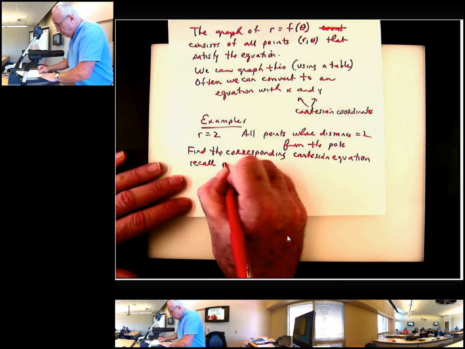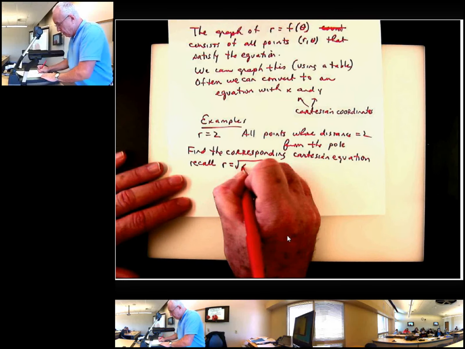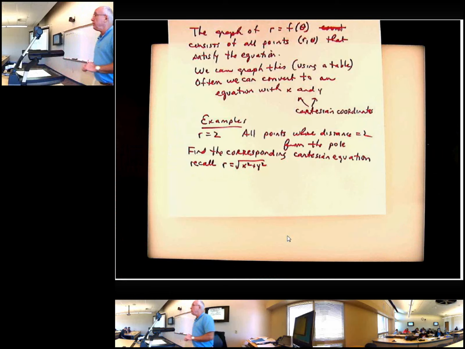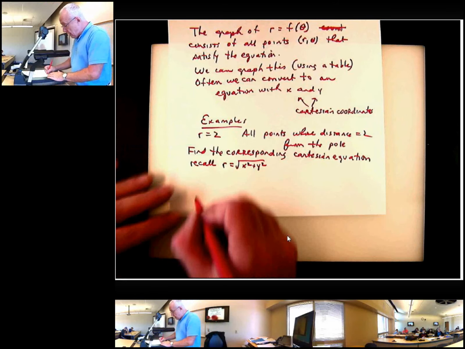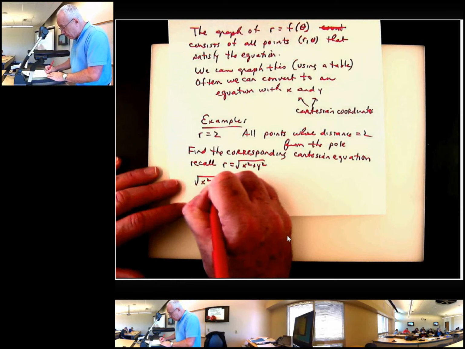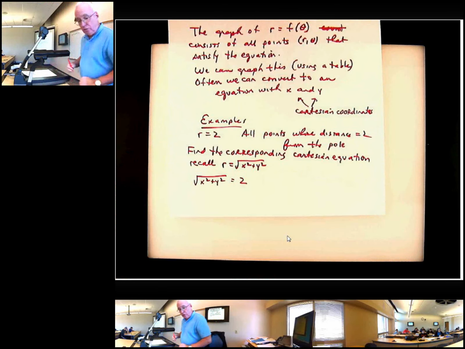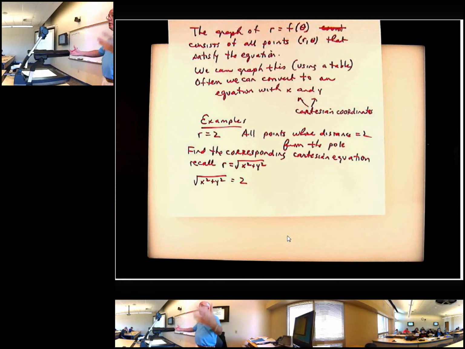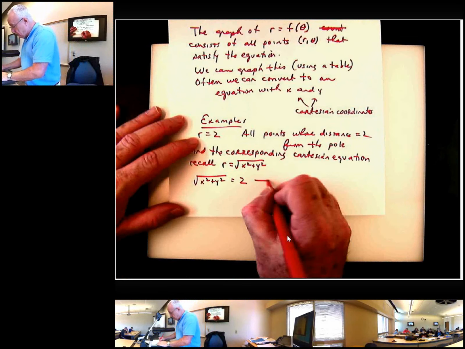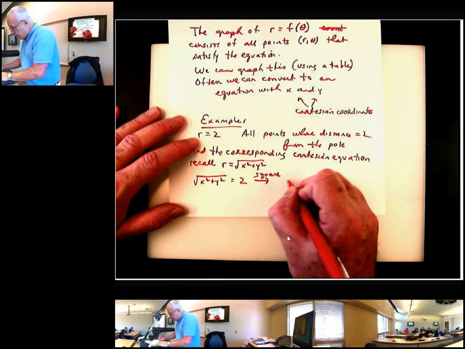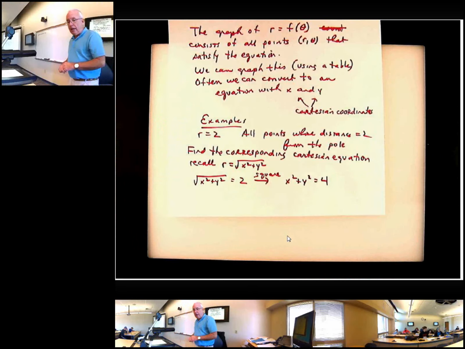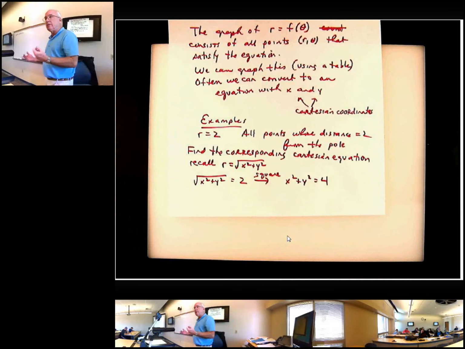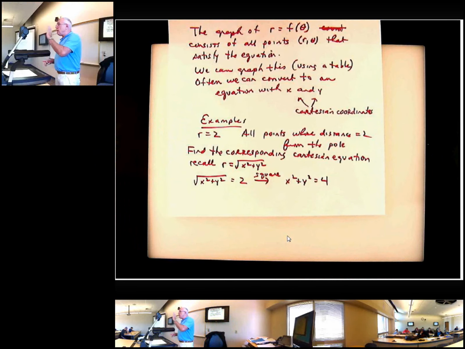So all I have to do is plug that into our equation here, and I have the square root of x squared plus y squared is equal to 2. Or I could square both sides and come up with x squared plus y squared is equal to 4. And as you know, that is the equation of a circle centered around the origin (0, 0), with radius equal to 2.